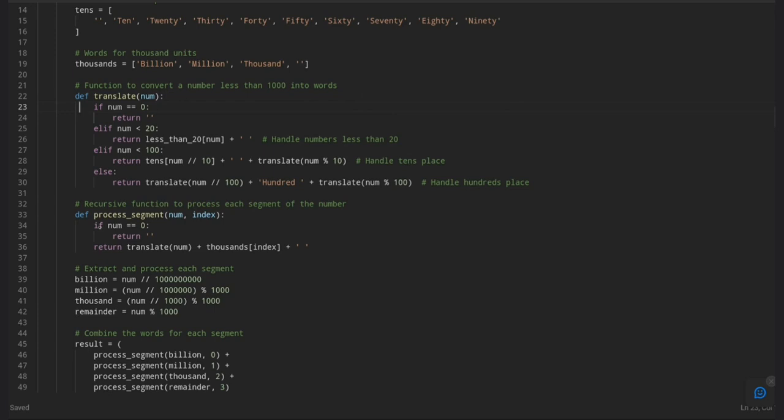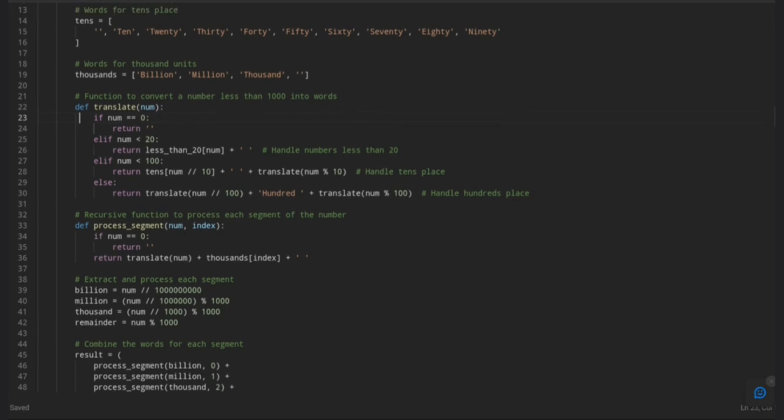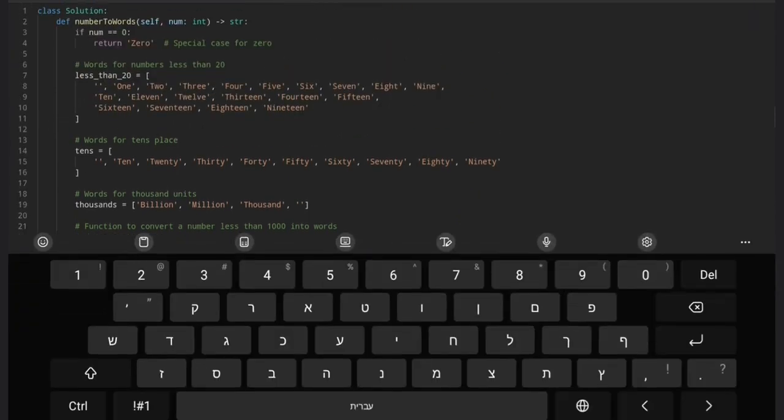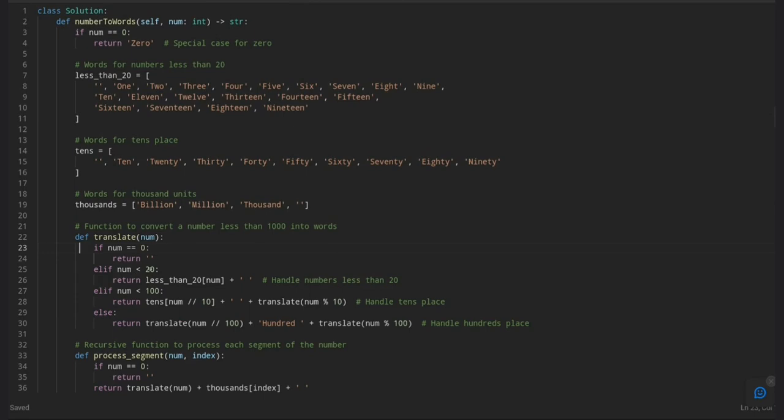Then we do process segment. Process segment is to translate each number. Translate each number goes to this array that we defined above. It just tries to take a single number and translate it into its wording. So translating a number into its wording: if it's less than 20, go to this array and just print the number.